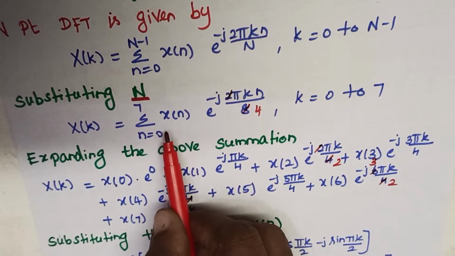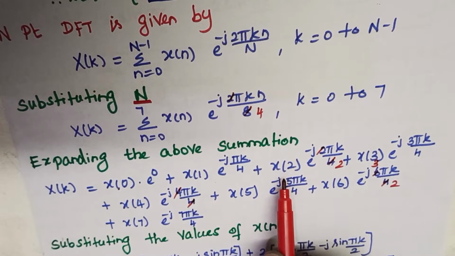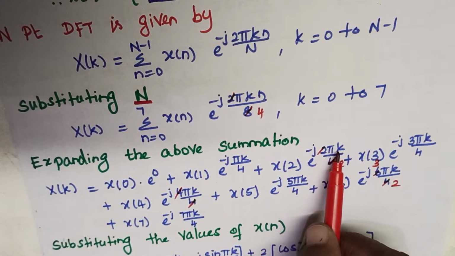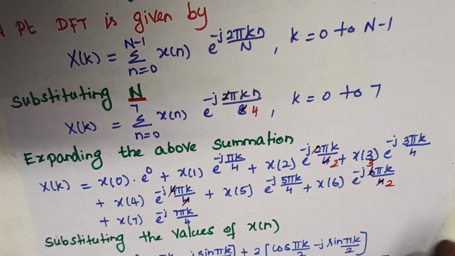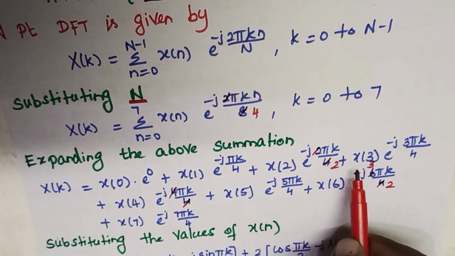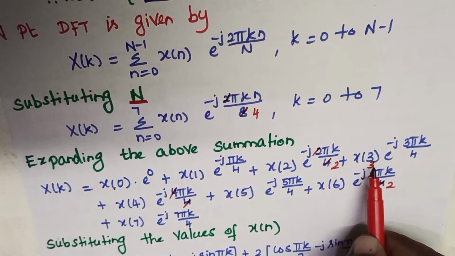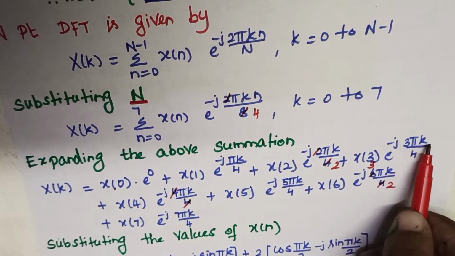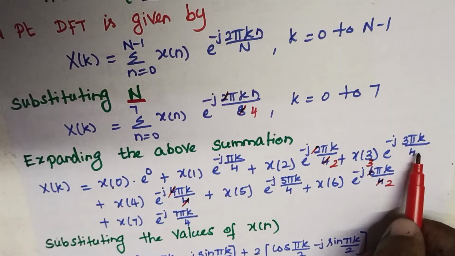Plus, when n is equal to 2, it becomes x of 2 e power minus j 2 pi k by 4. Plus, the next value of n is 3, so x of 3 e power minus j 3 pi k by 4.